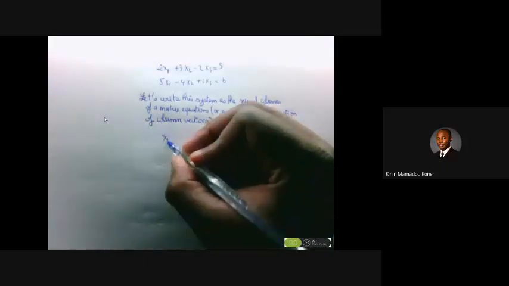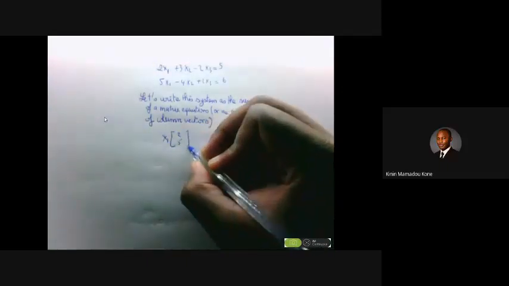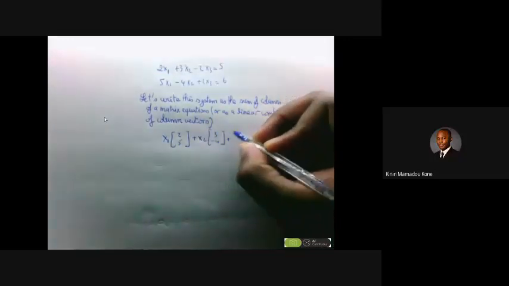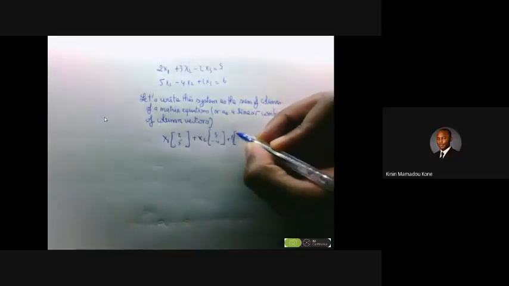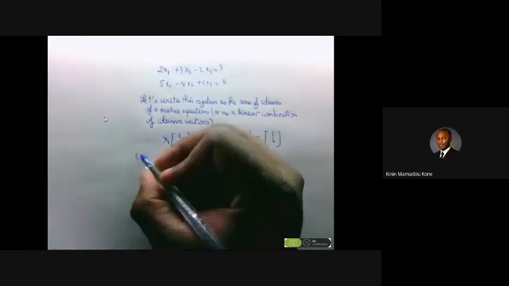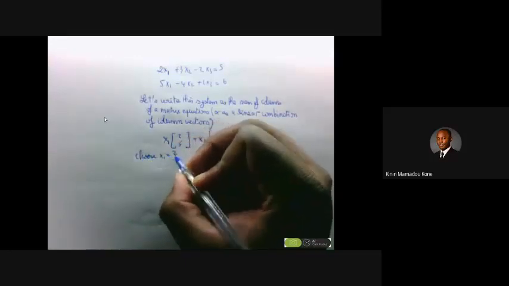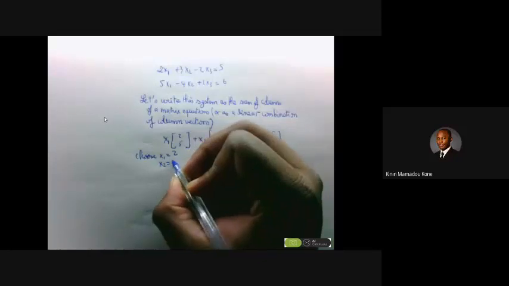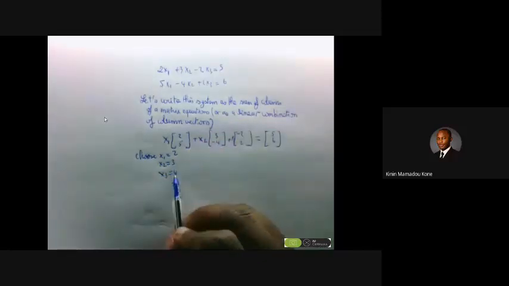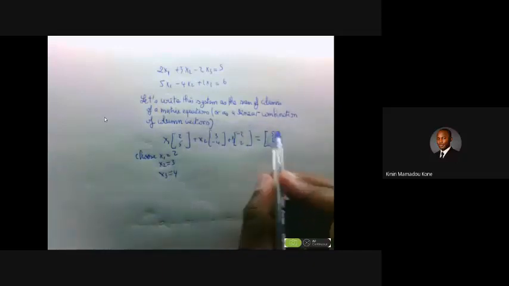Okay. So we have x sub 1 times (2, 5) plus x sub 2 times (3, negative 4) plus x sub 3 times (negative 2, 2) equals (5, 6). Now what we want to see is, if we choose x sub 1 equals 2, x sub 2 equals 3, and x sub 3 equals 4, do we get this? That's what we want to know.